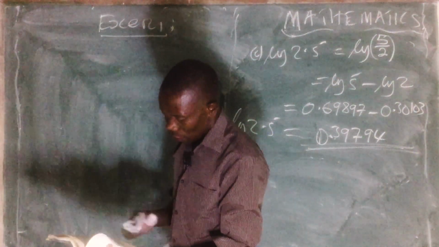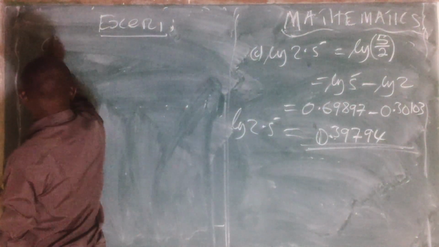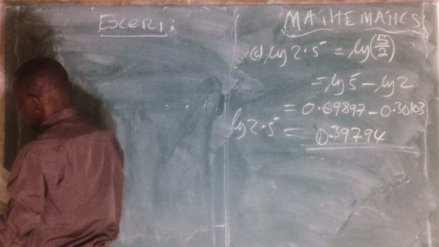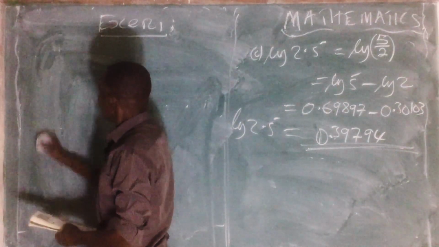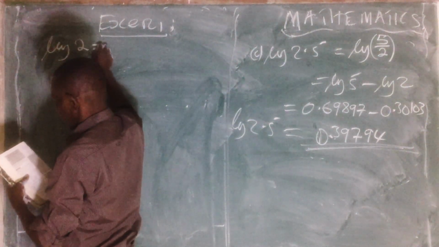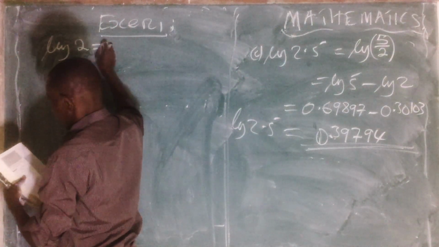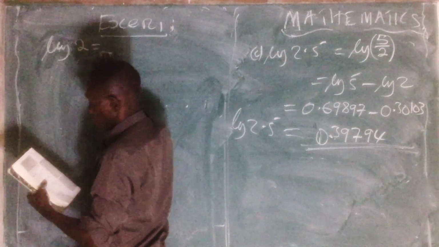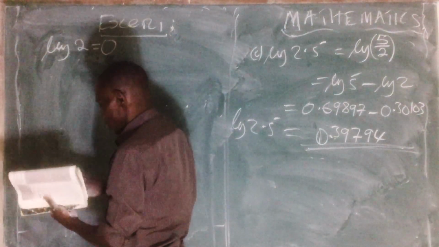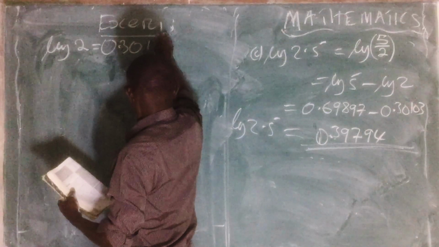Here we have this one. Suppose you're given, let me just be brief somehow, log of 2 is 0.30103.